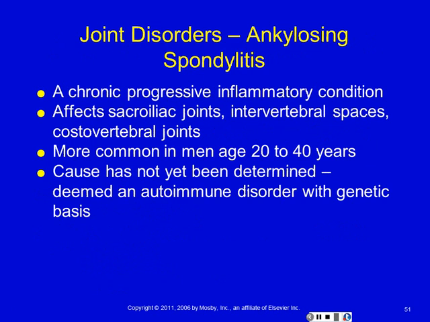Okay. And then our last one is a long, complex word, ankylosing spondylitis. This is a progressive degeneration of basically the lower part of the spinal column. So you remember we have cervical vertebrae, thoracic vertebrae, lumbar vertebrae, and sacral vertebrae, right?